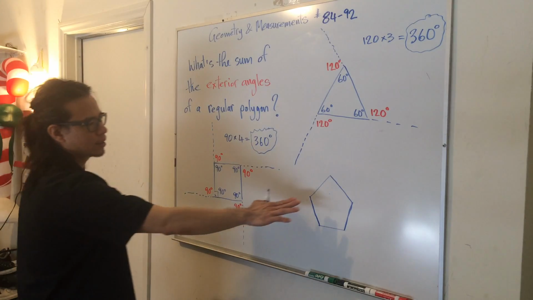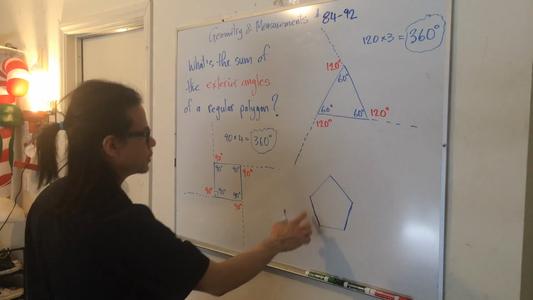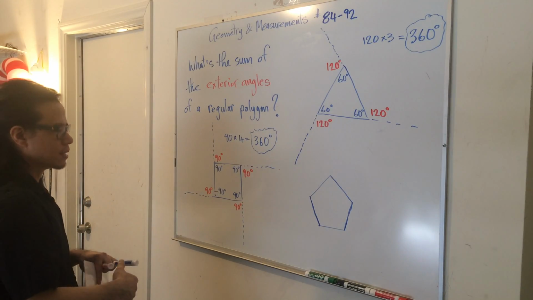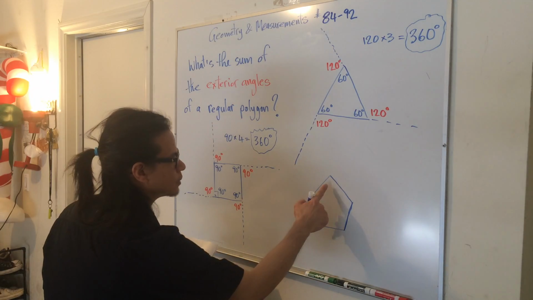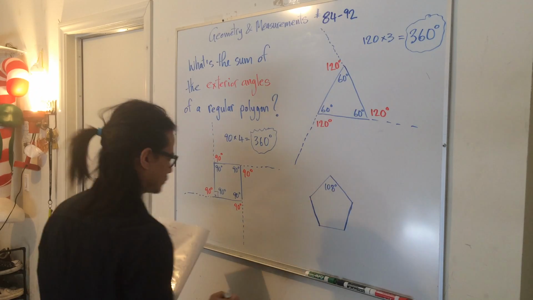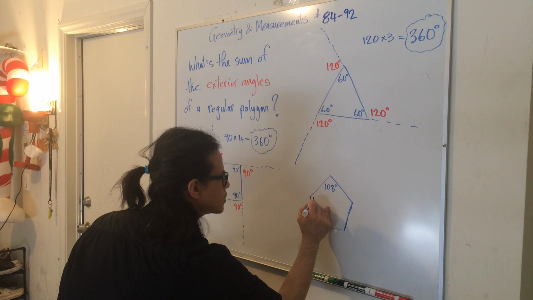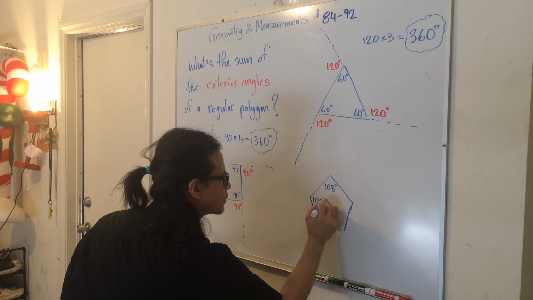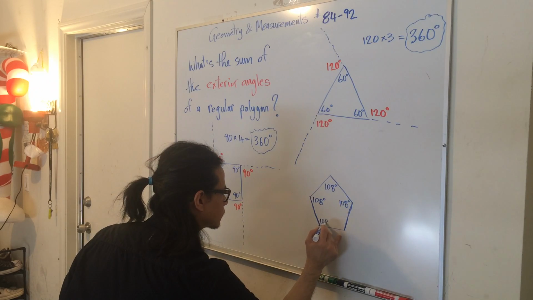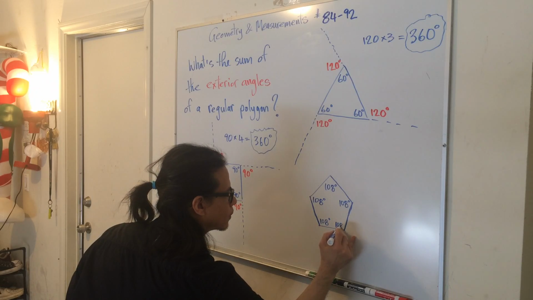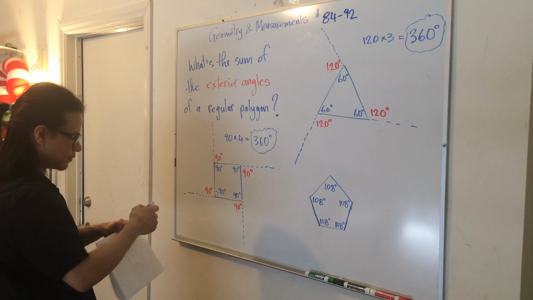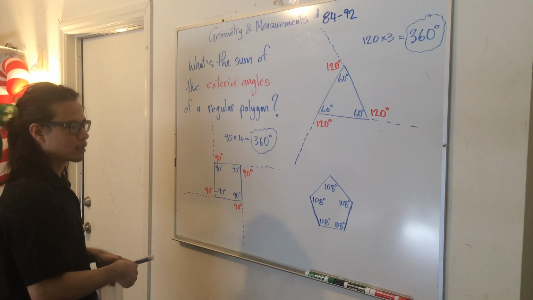So what can you predict about the sum of the exterior angles of a pentagon? Let's test this out. Let's tell you that the interior angle of a pentagon is 108 degrees. So each of the interior angles is 108. Now, what would be the sum of the exterior angles of the pentagon?